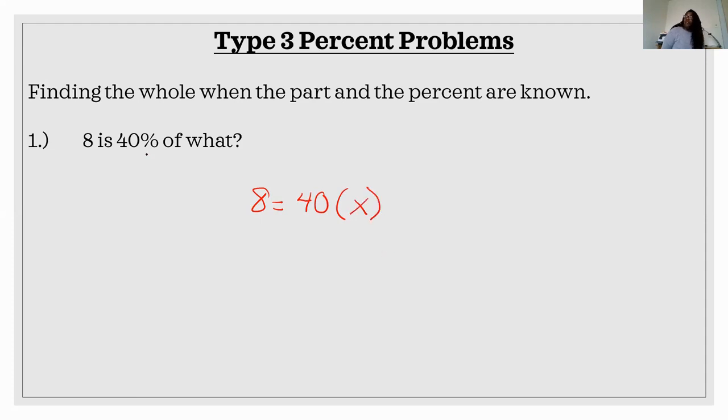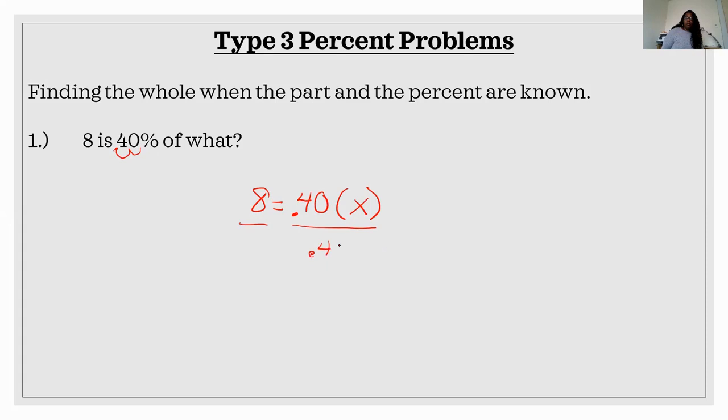Now remember, if I'm solving, I'm either going to use my percent as a fraction or as a decimal. So since I'm pretty good at moving it 2 places to the left, instead of a 40, it's going to be 40 hundredths, 0.40. Now, just like I did before, I want to isolate my variable.